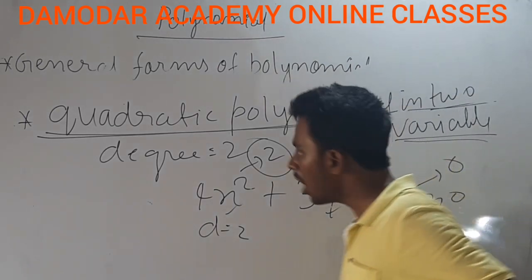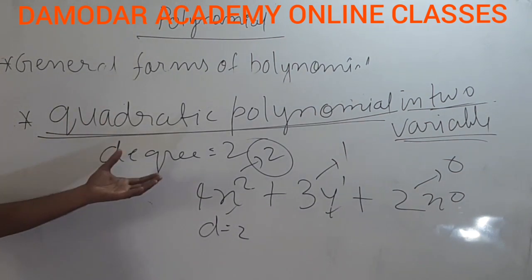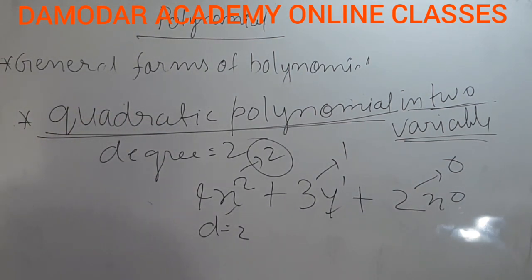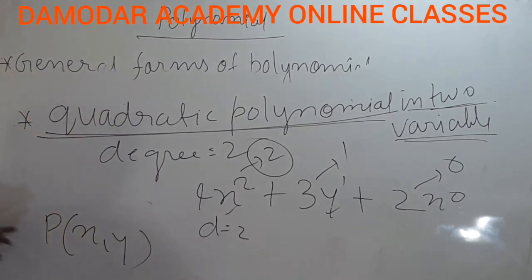Okay. Now we will form the general form of the quadratic polynomial in two variables. For two variables we will write it in this form: p(x, y), where x is one variable and the other variable is y.